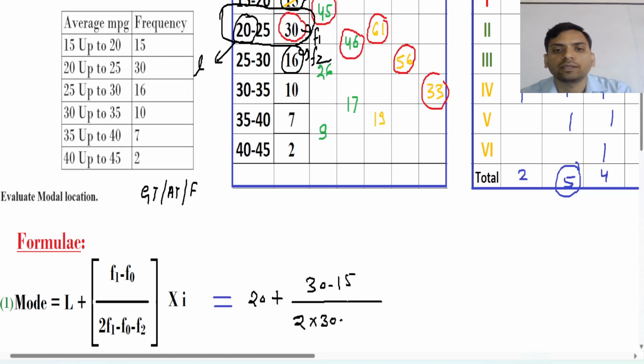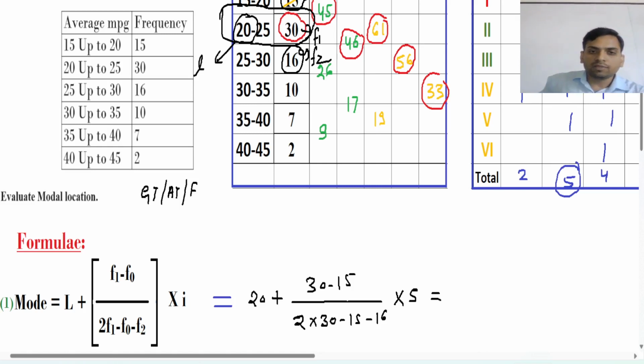F1 is 30 minus F0 15 and minus F2, that is 16, and this multiplied by interval 20 to 25, interval is of 5. So 30 minus 15 is 15, 15 into 5 is 75, and this is 30 into 2 is 60, 60 minus 31, so this becomes 29. So numerator term is 75 and denominator term is 29.